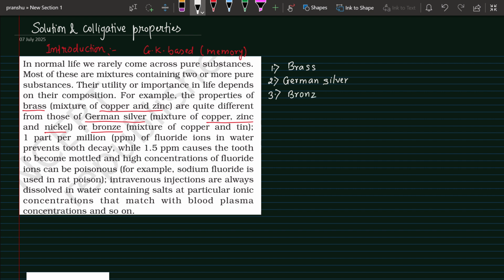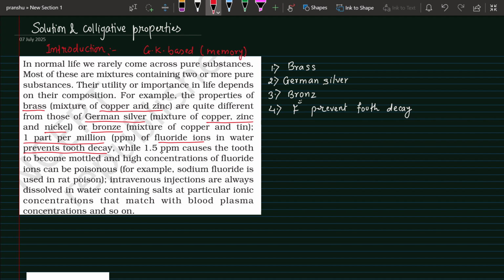Bronze: copper and tin. Similarly, the fourth question: 1 part per million fluoride ion prevents tooth decay.